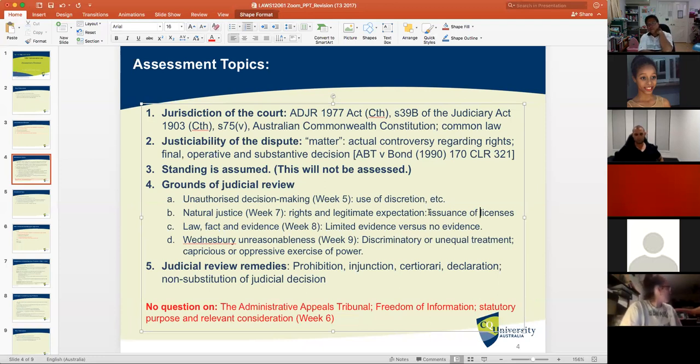Okay. Any questions so far? So we're clear so far about the assessment topics? Yes, just a quick question. The question on Wednesbury unreasonableness, will it be clear? Because obviously the quiz question was not clear, and that caused a bit of angst among all students. So will it be quite clear that it is unreasonable or that it's not?